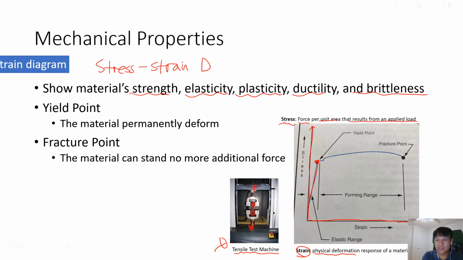And then what's next after the yield point? After the yield point, the elastic range sometimes increases, there is this range, and then at some point it just breaks, right? That's the fracture point.